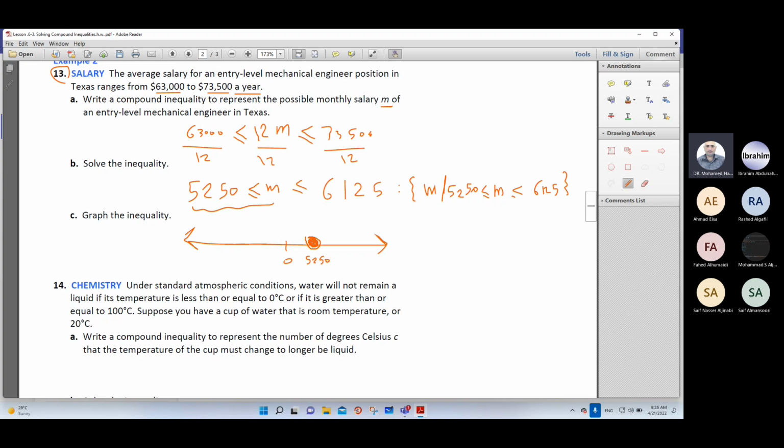Then the direction m greater than means to the positive side. And here, for example, will be here 6,125. Also use shaded circle because we have equal. And m less than.